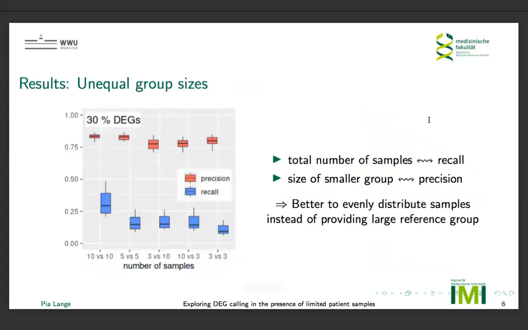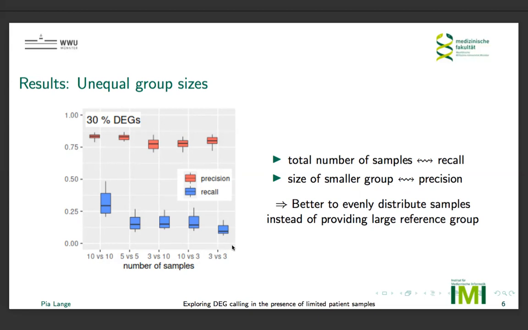So sometimes samples are divided unequally among the conditions. For example, we could have a very small pool of patients with a rare condition, but a large reference group of healthy patients. Here we have tested a group size of 10 as some kind of best case comparison. And on the right, we have 3 samples per group.